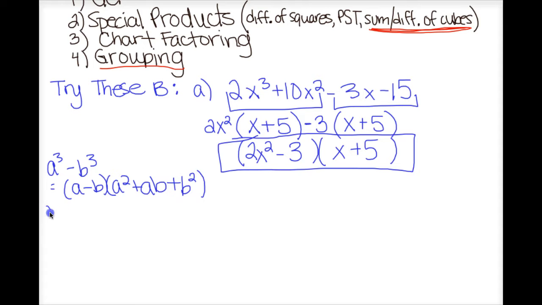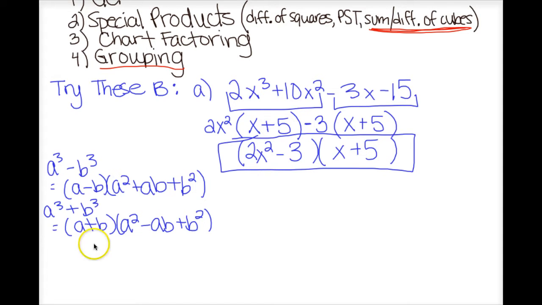And then they also show a cubed plus b cubed in there. You don't have to write this, it's already in your book, which is a plus b times a squared minus ab plus b squared.